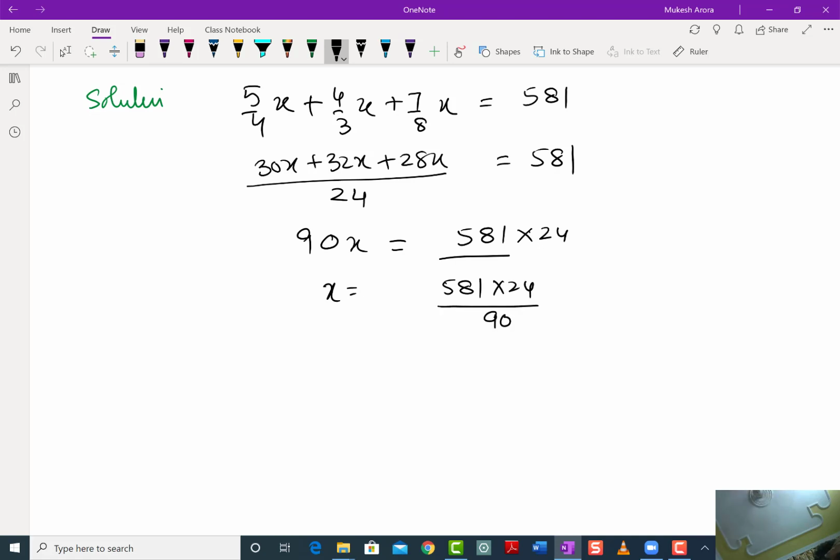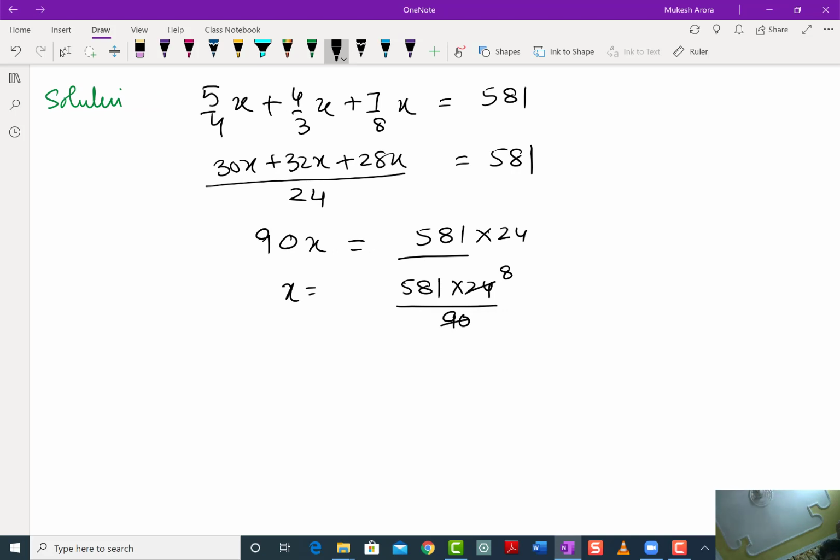We can cut by 3, it will be 8 and it will be 83.